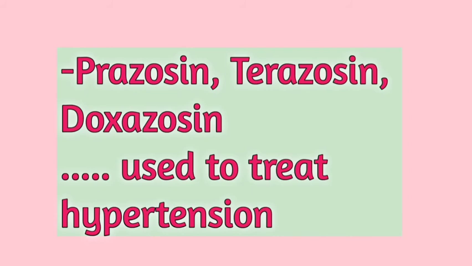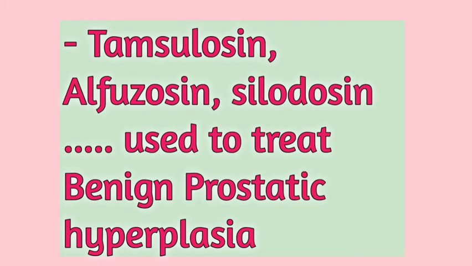While tamsulosin, alfuzosin and silodosin are also alpha 1 receptor blockers, but they are more selective for the alpha 1A subtype, which is found in the bladder neck and prostatic urethra. So the use of these agents causes relaxation of the smooth muscles found in the bladder neck and prostate, leading to improved urinary flow. That's why these agents are the drug of choice for benign prostatic hyperplasia (BPH).